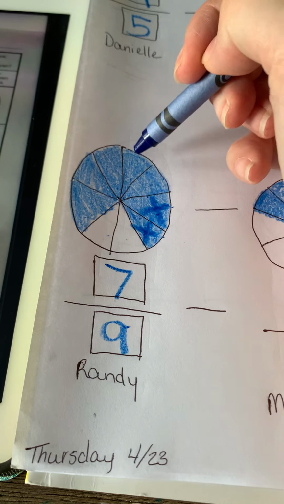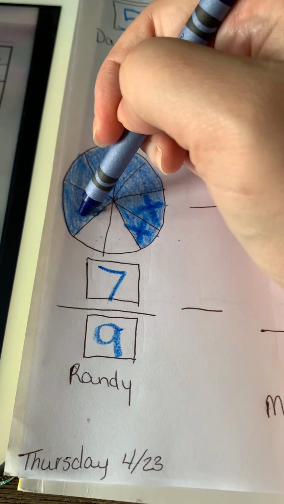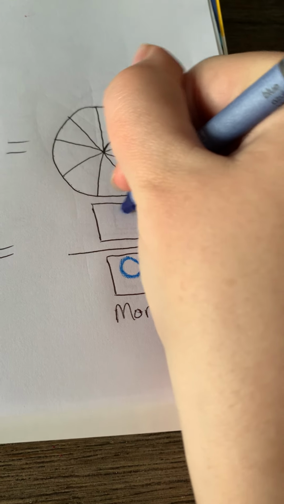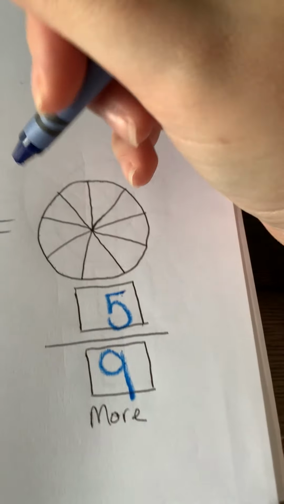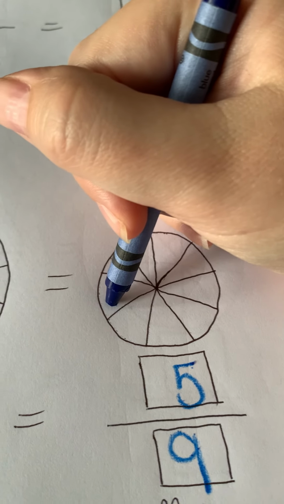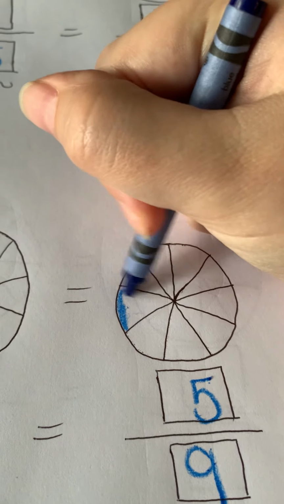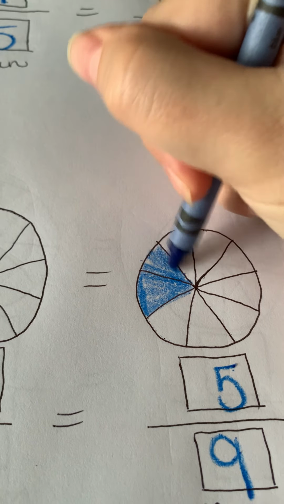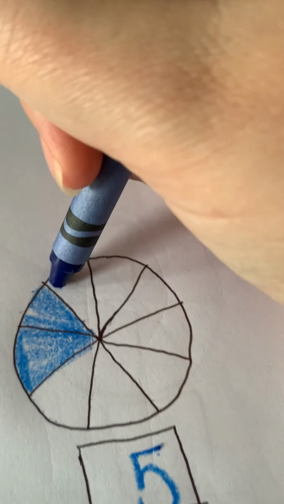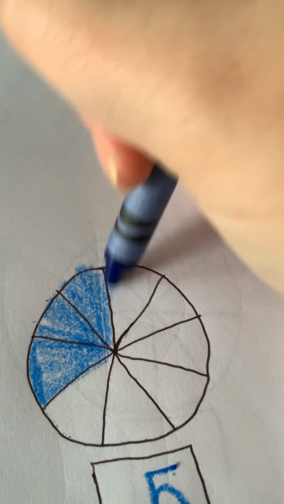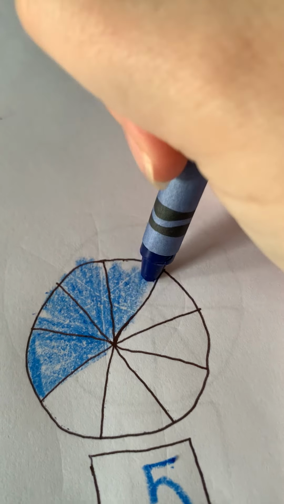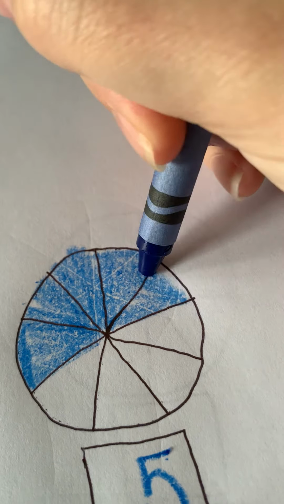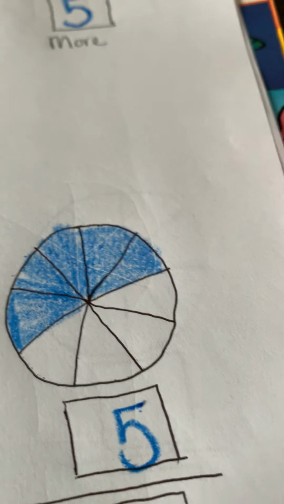Okay, 1, 2, 3, 4, 5. So let's write a 5 in our top box. 5, and we're also going to color in 5 pie slices. 1, 2, 3, 4, 5.